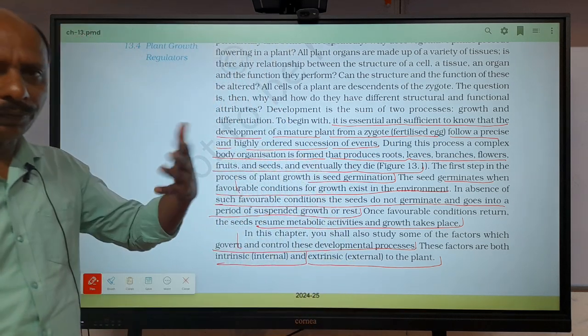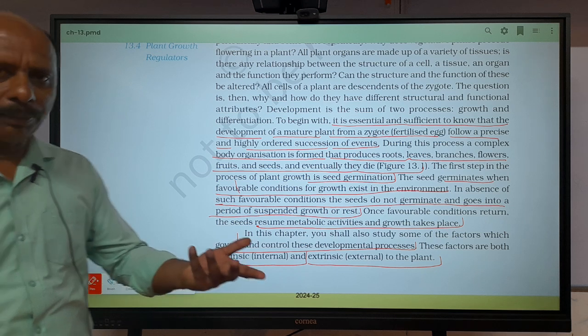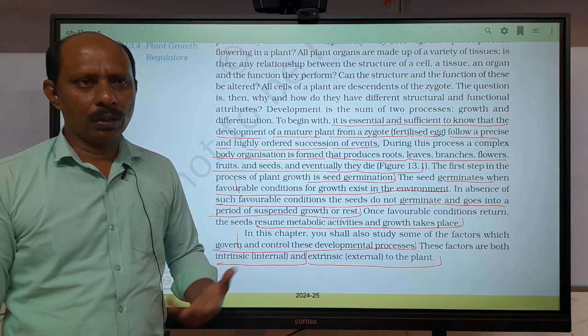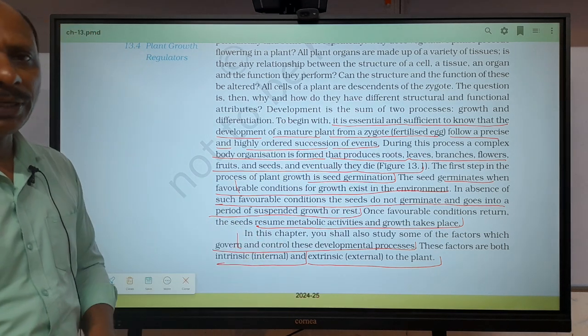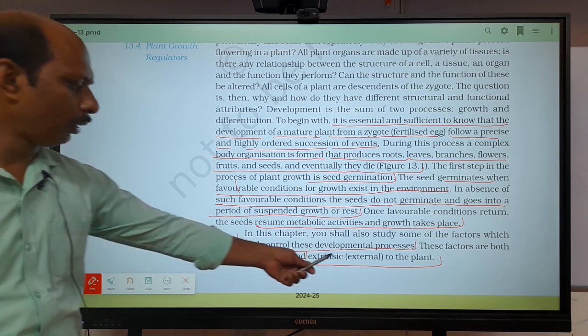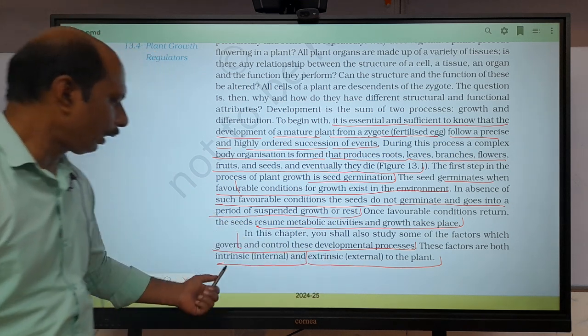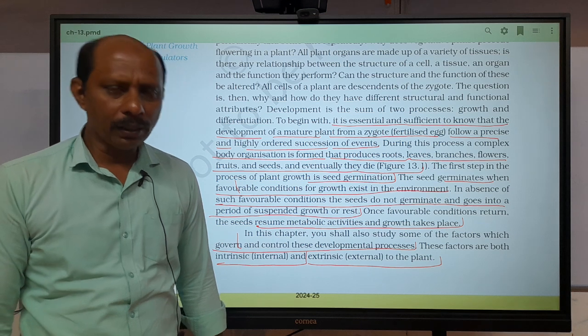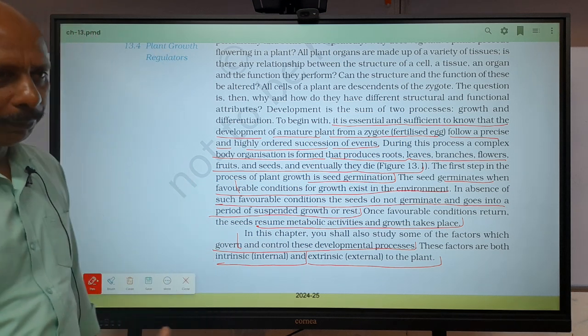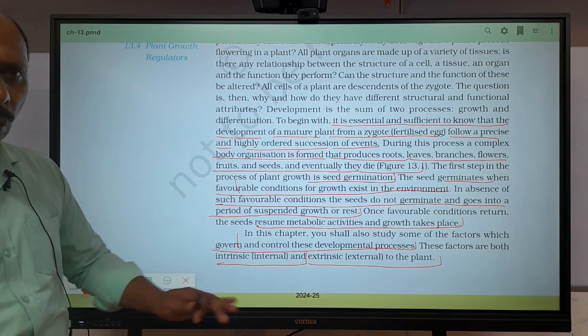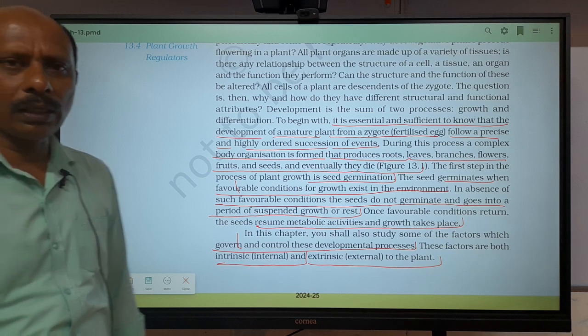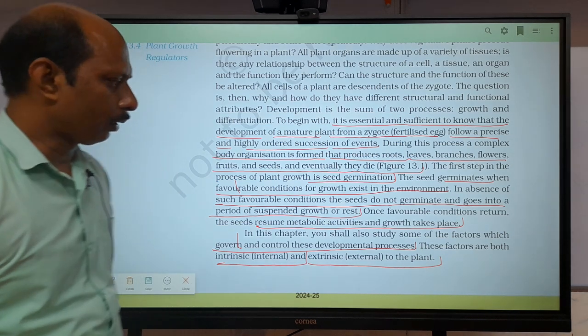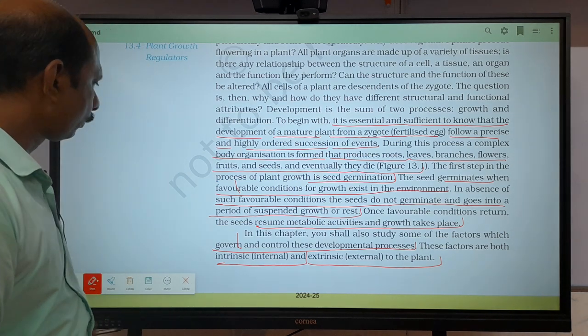Some other nutrients, after germination it needs light, and another one is temperature. These are external or extrinsic factors. Internal or intrinsic factors may be genetic, intercellular or intracellular, like plant growth regulators.